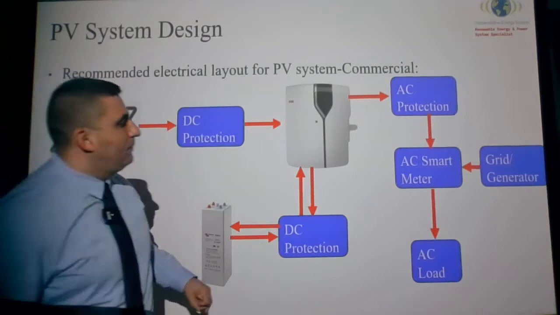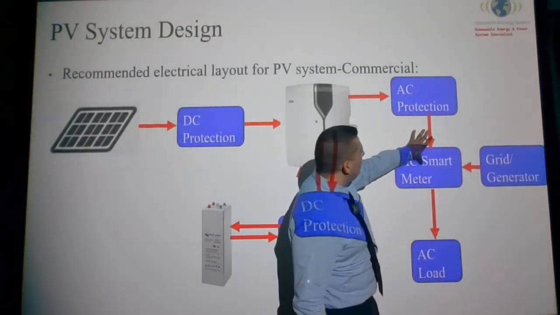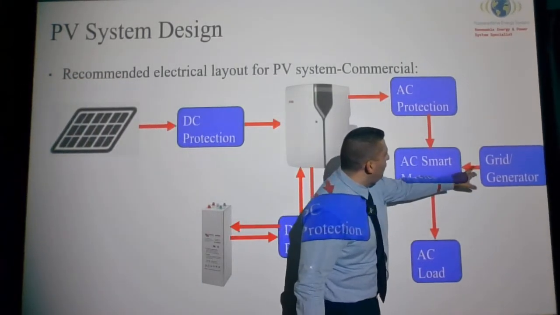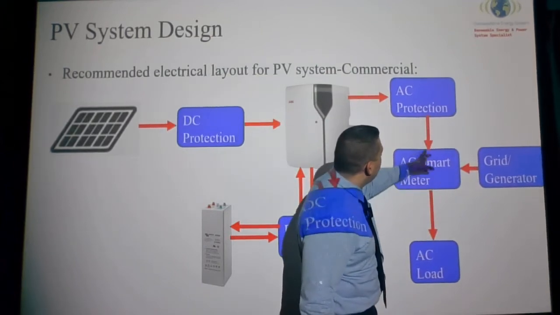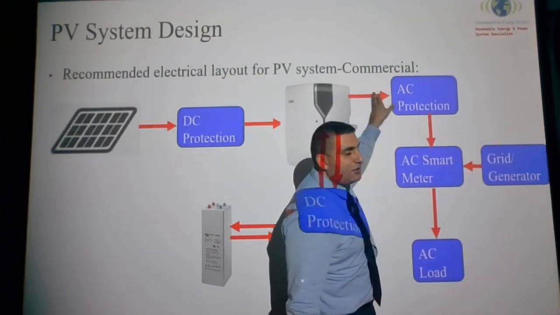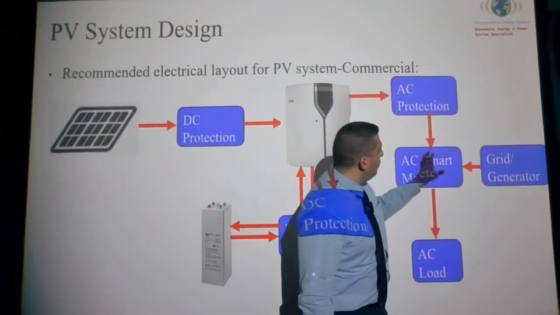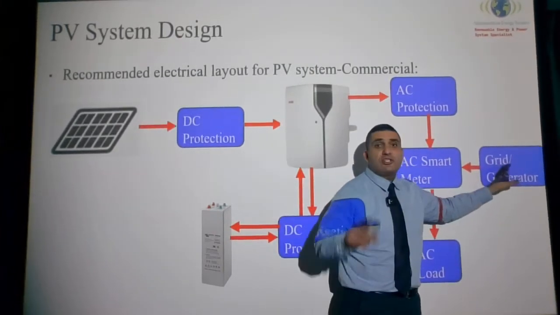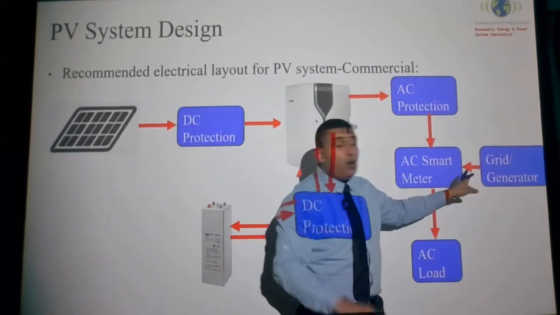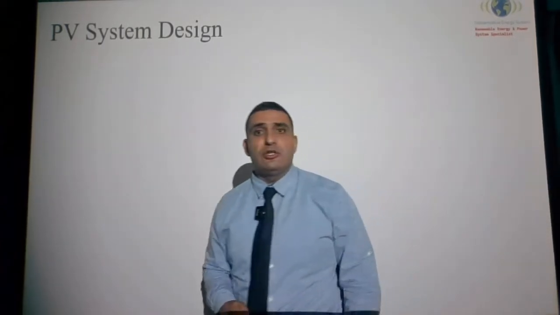In a commercial system, that's very critical. This will stop any current going into your generator if you wanted to, and will also control the power going into the grid.